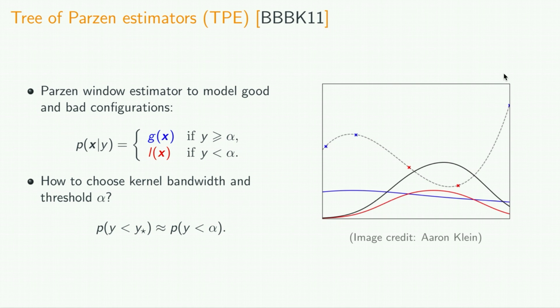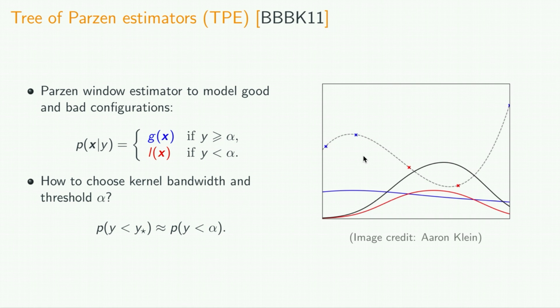Another family is based on Parzen window estimators, like kernel density estimators. In this approach, we estimate the density over the good and the bad configurations. So the first thing is to decide about the threshold, in this case alpha.